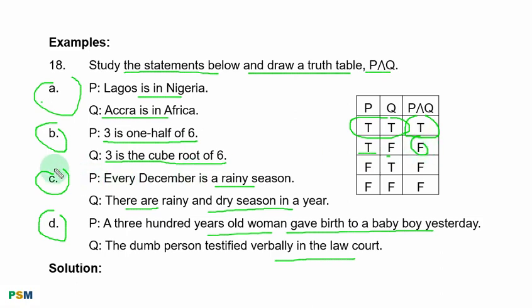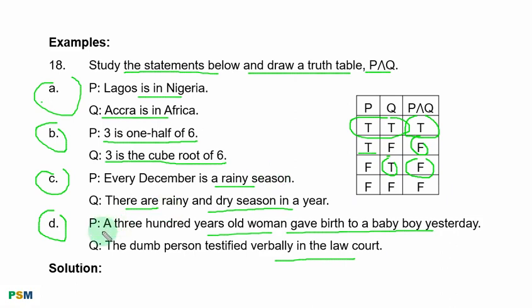The third category: every December is a rainy season. It is false. Q: there are rainy and dry seasons in a year. It is true. Because P is false, the outcome is false.